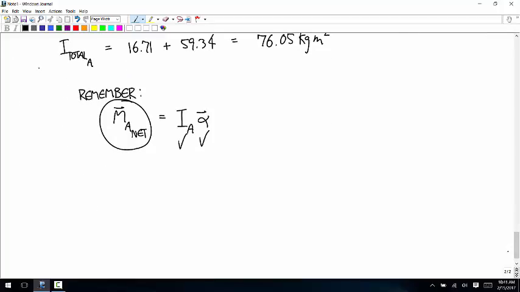Well, we have to know what it is. Sometimes we'll know the moments and we'll want to calculate accelerations. Sometimes we'll know accelerations and we'll want to calculate moments. But we have to know what the definition is.